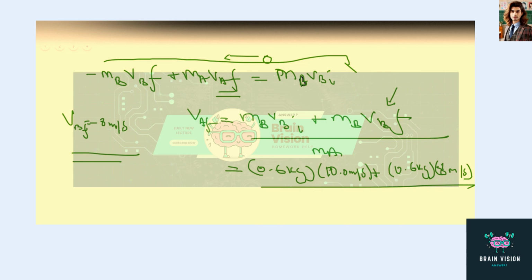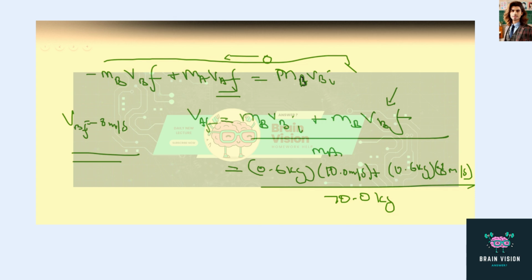So the mass of the ball is 0.6 kilograms times the initial velocity of the ball, which, if you can recall, was 10.0 meters per second, plus mass of ball, 0.6 kilograms. And then this has become positive. Initially it was negative because it was the opposite direction, but now it's positive. So we just put 8 meters per second there. And then all over the mass of yourself, which is 70 kilograms.